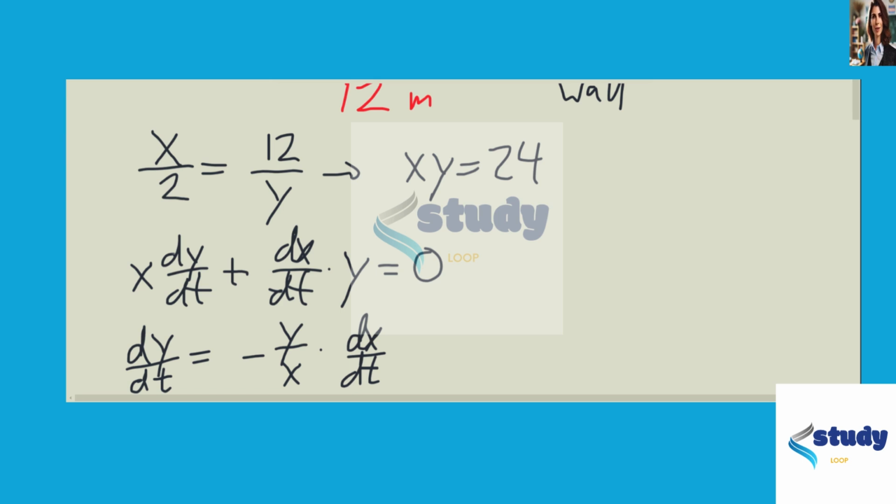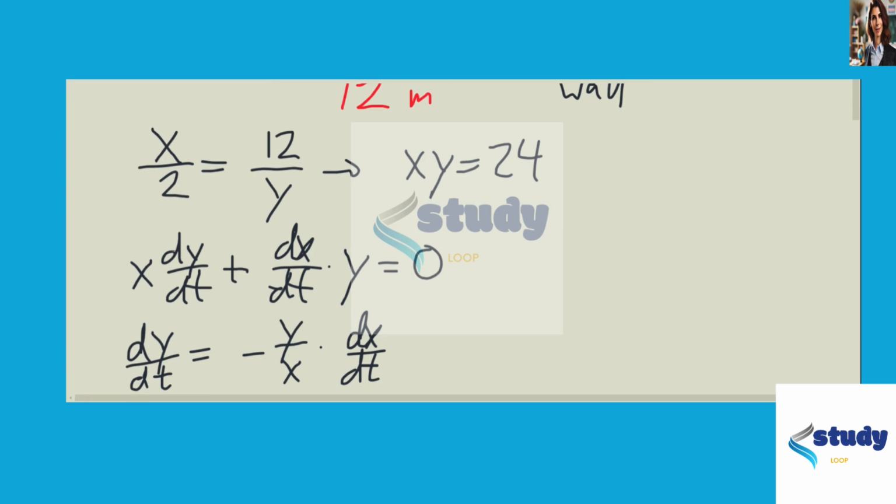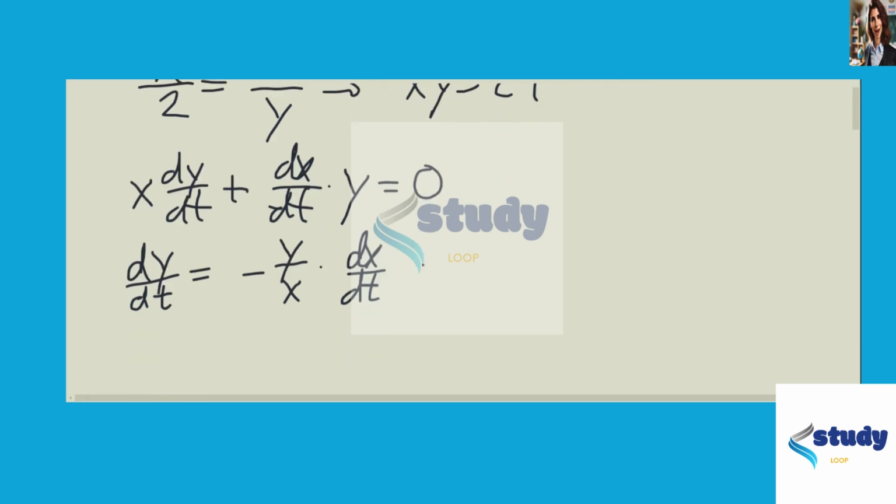And we know that the man is 4 meters from the building. So x is equal to 8, and dx/dt, we're told, is 1.6 meters per second.